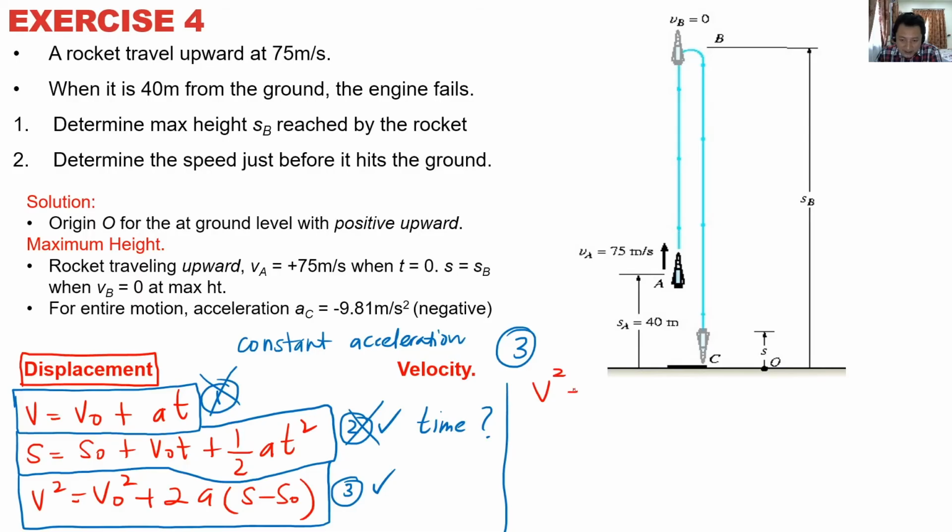V squared is equal to V naught squared plus 2a(s minus s naught). V squared stands for final velocity. V naught stands for original.